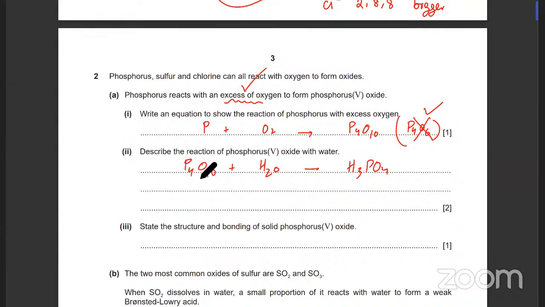We're going to go for observations, because the description of the reaction is, I guess, the observation. It's a vigorous reaction. What is the state of P4O10? Solid.